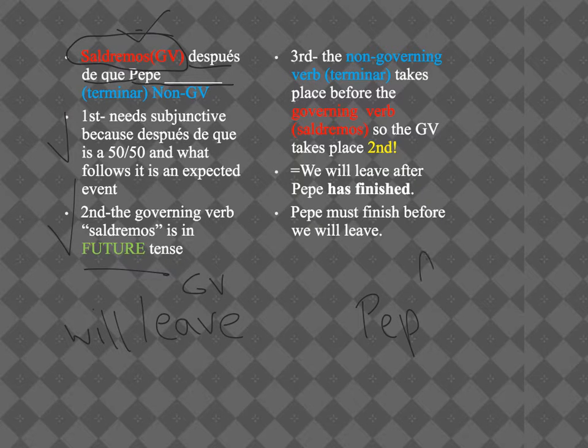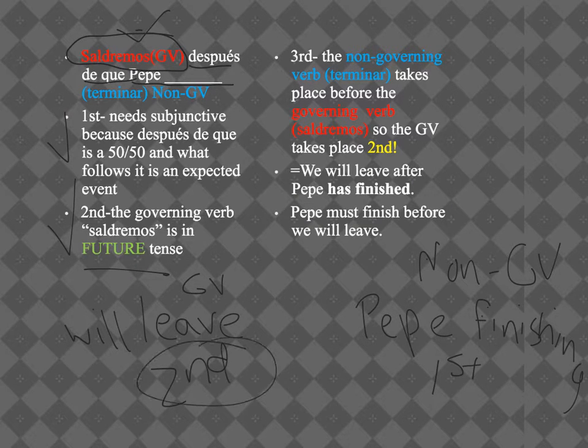And Pepe finishing is my non-governing verb. I have terrible handwriting, but you see what I'm going for. Which one of these has to happen first? Last time I checked, Pepe has to finish, then we will leave. So governing verb second, that's when we use present perfect subjunctive. That's how that works.